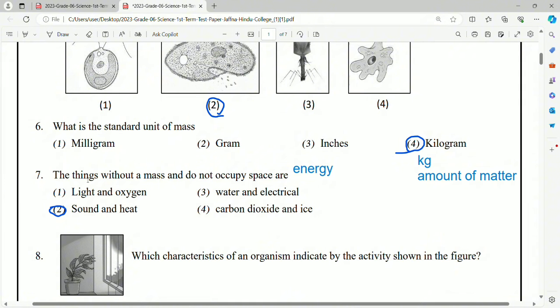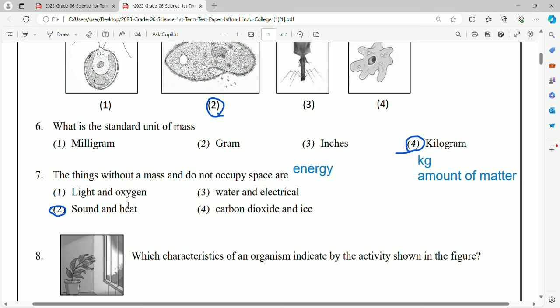The things with no mass, that do not occupy space, are energy. Oxygen is matter. Water is matter.